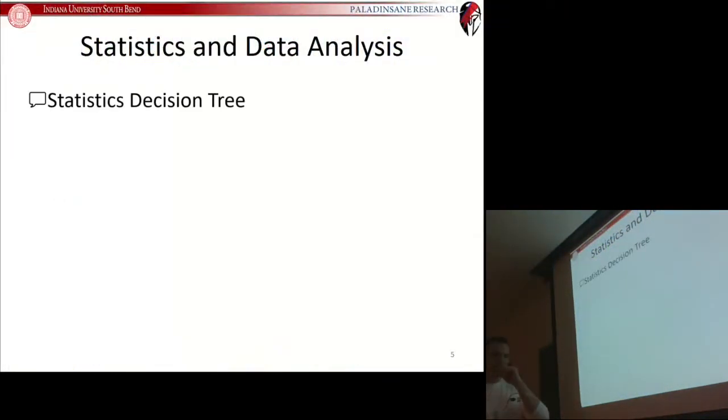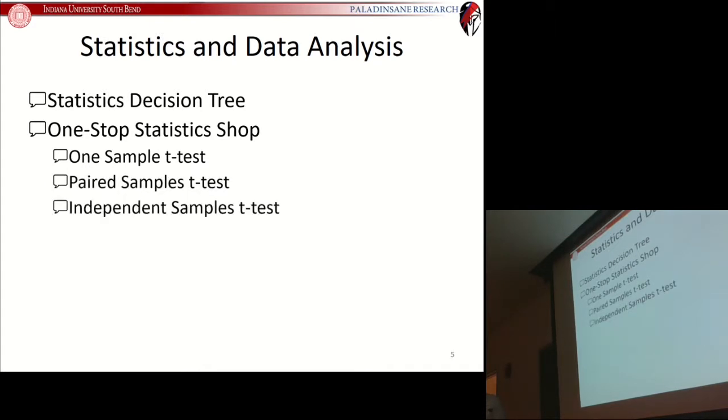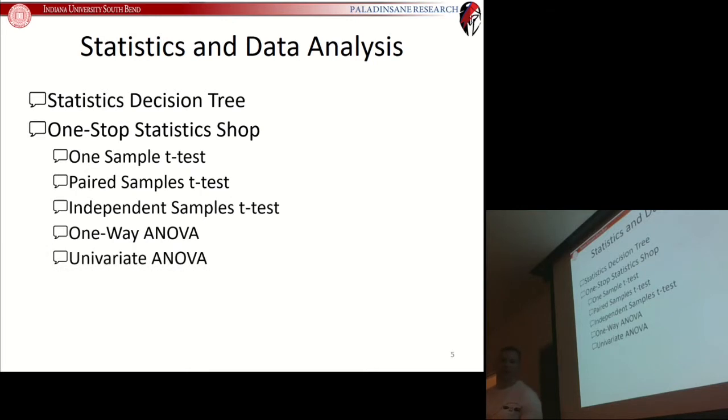So what we're going to take a look at today is what I like to call my statistics decision tree. And hopefully by using that, we are going to be able to, for most of us here, decide on what statistics test we're going to do, and we'll know by the end of today. And then I'll just mention a one-stop statistics shop for most things, specifically for the one sample t-test, paired samples t-test, independent samples t-test, one-way ANOVA, univariate ANOVA, and repeated measures ANOVA.